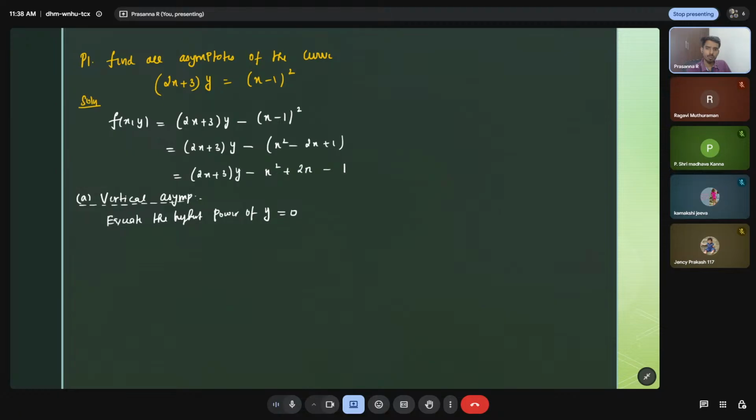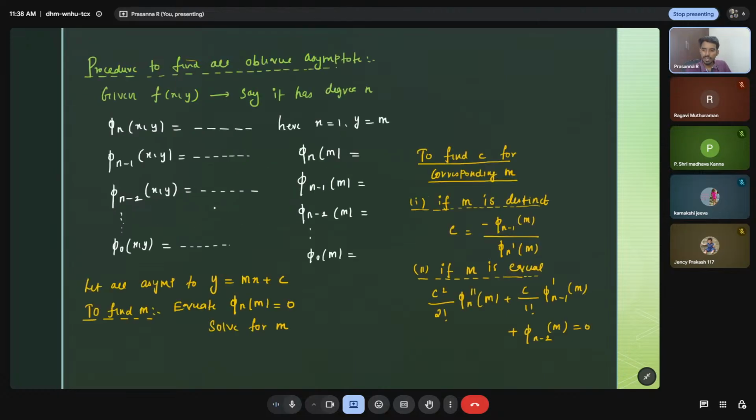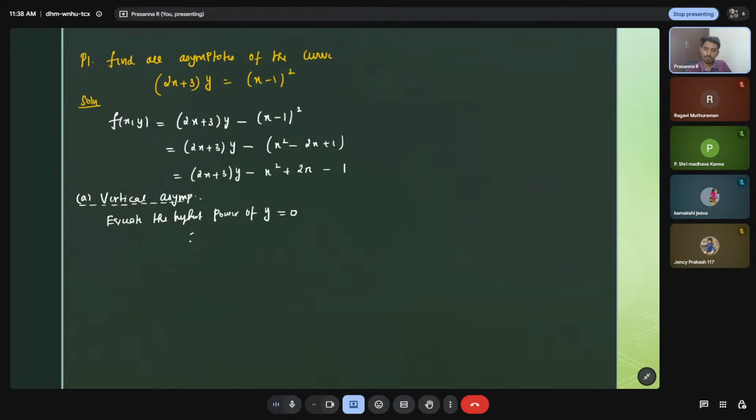We have only y here, there is no y square, y cube and so on. So equate the highest power of y to 0. That means 2x plus 3 is equal to 0, so 2x equals minus 3. So x is equal to minus 3 by 2 is the first vertical asymptote this curve has.